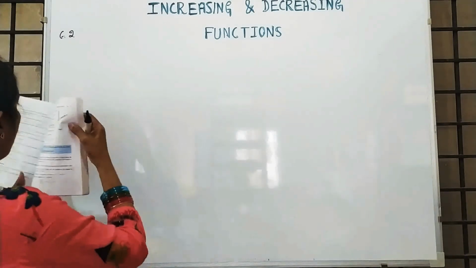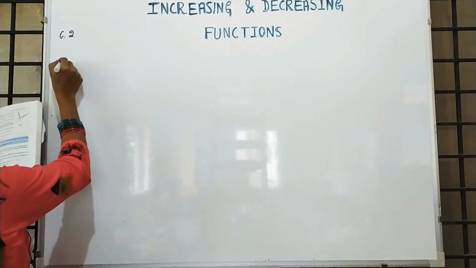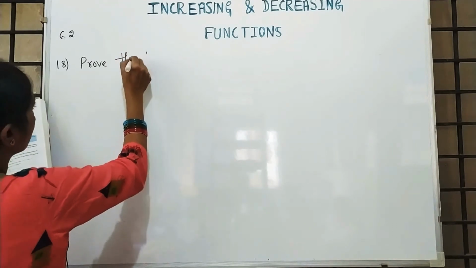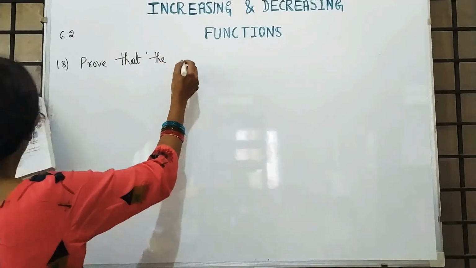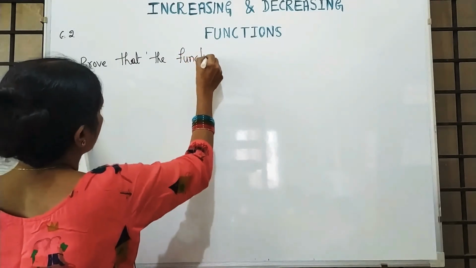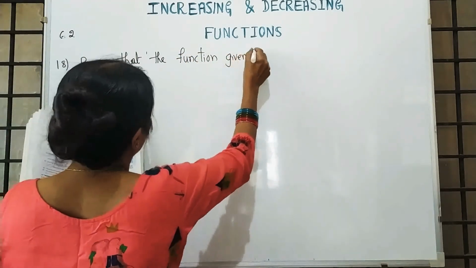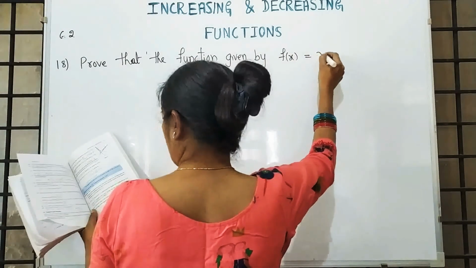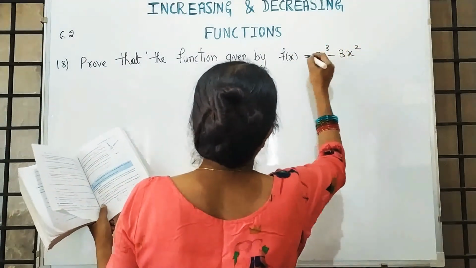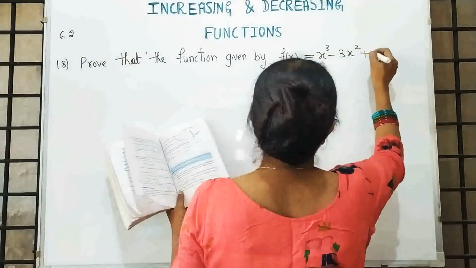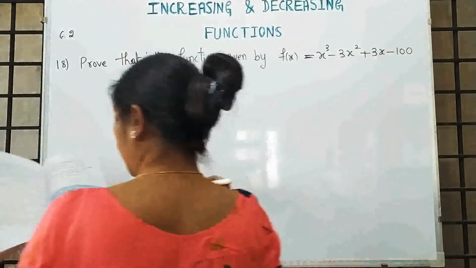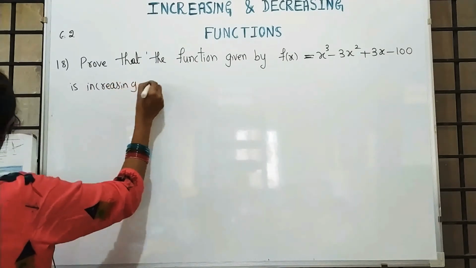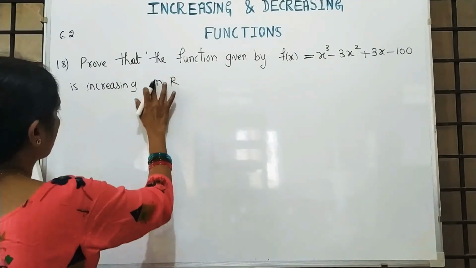Prove that the function given by, see, this is a very simple question, but here you have to think how to prove that the function given by f of x is equal to x cube minus 3x square plus 3x minus 100 is increasing on R. Increasing in R.